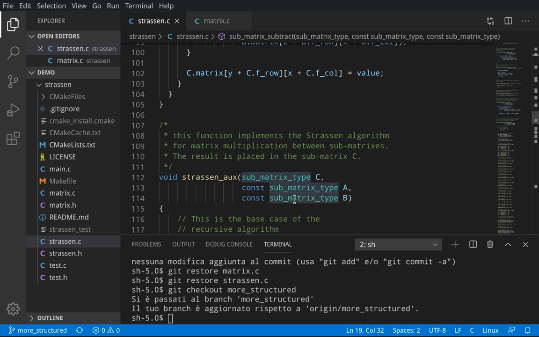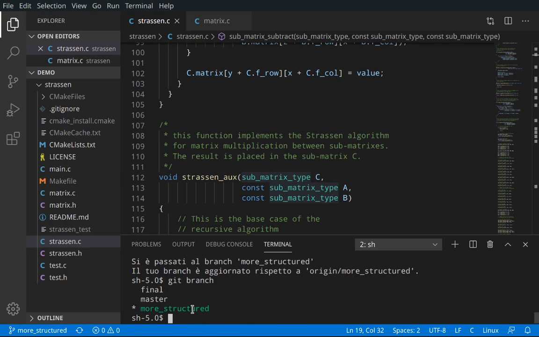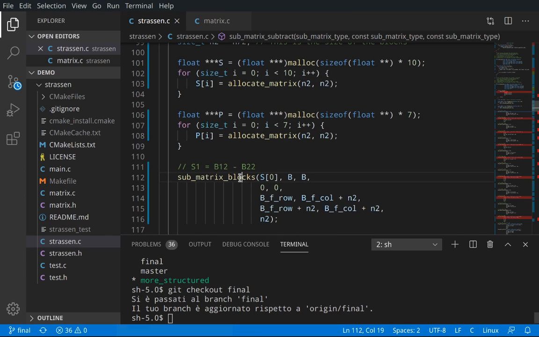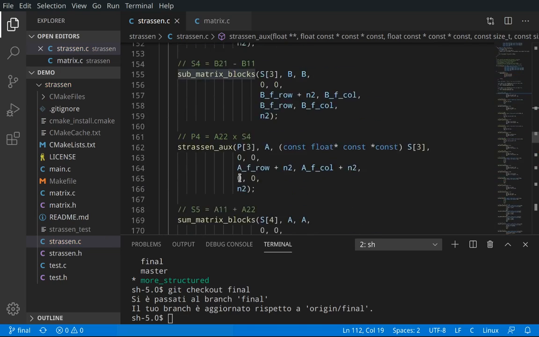Okay, and by the way, as you probably already noticed, I also added another branch in the repository, which is the final one, which contains of course the final version of our implementation.